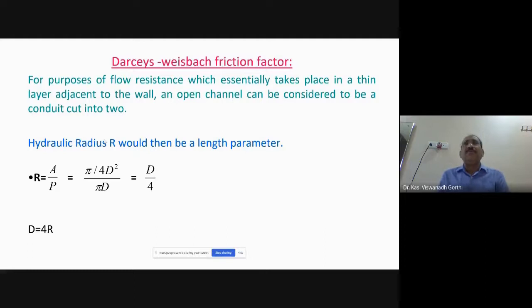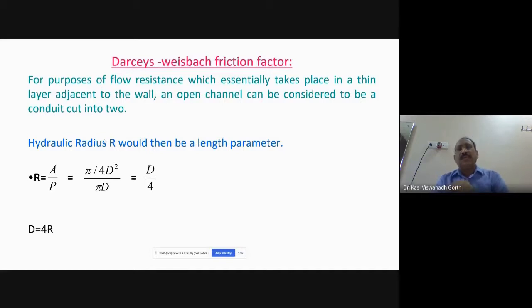So what is the problem? If you have units for any coefficient, what is the difficulty? Take, for example, the discharge Q is equal to CD into A into root 2GH, the discharge equation for an orifice. Have you studied orifice in earlier courses?